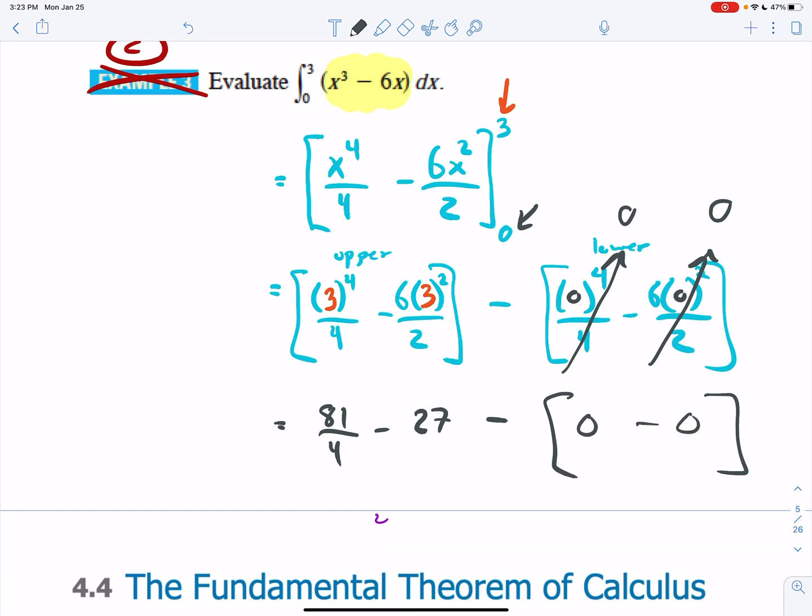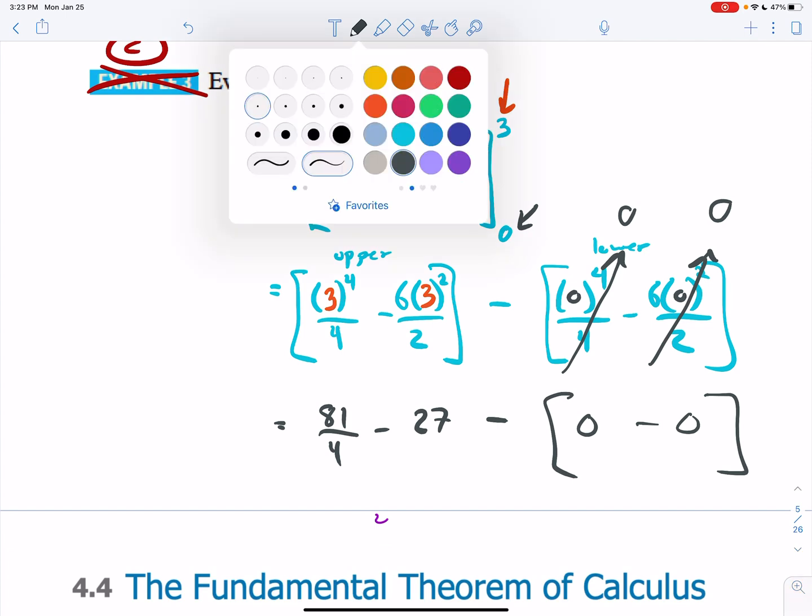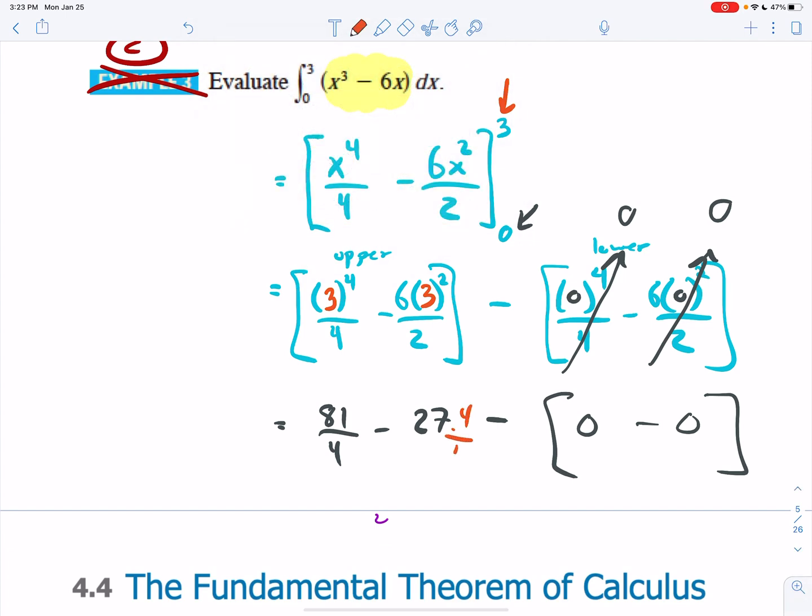And you know, whatever this comes out to, you could use a calculator if you want. I'll do this the old-fashioned way. I'll get common denominators. Okay, so that's going to be sidebar 81 over 4 minus, what was that, 108 over 4? I think I got that right.